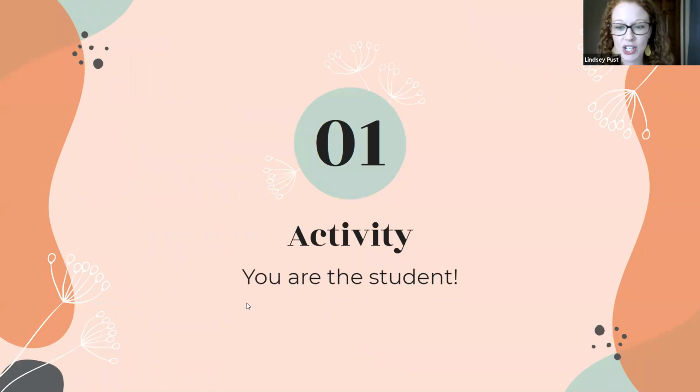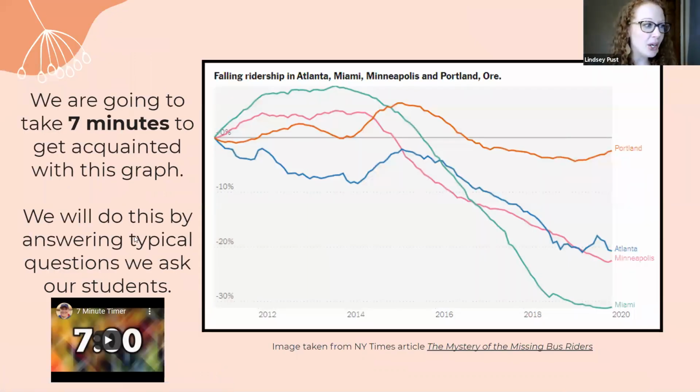So first, you are the student, and we are going to take about 7 minutes or so to get acquainted with this graph here. It was taken from a New York Times article. We're going to do this by answering typical questions that we ask our students. We have this in the form of a Google Doc, and that link will be put into the chat shortly.